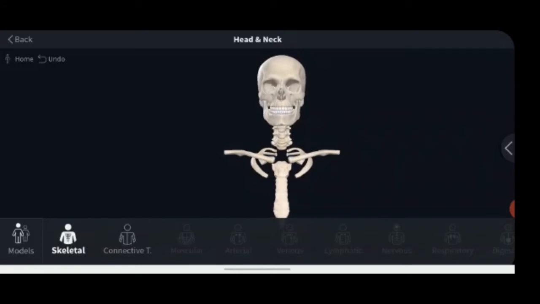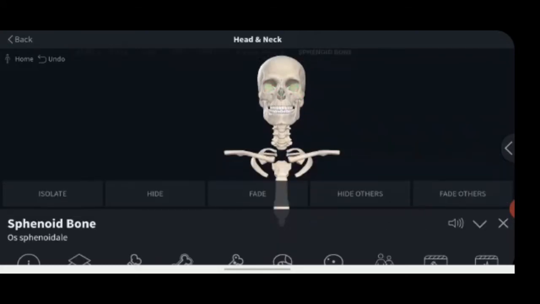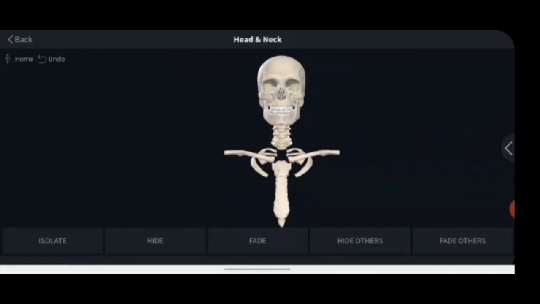The splanchnocranium, or the facial skeleton, forms the orbital and nasal cavities. You can observe in this that the bones are marked in colors, not the cavities.